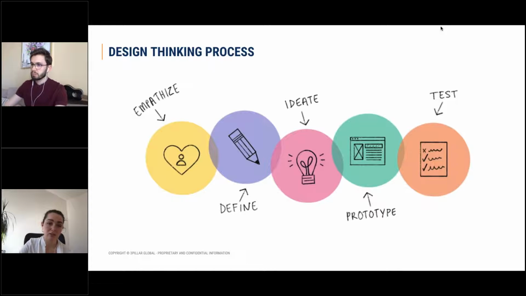The method, as you can see on the screen, consists of 5 phases: empathize, define, ideate, prototype, and then test. It's most useful when you want to tackle problems that are ill-defined or unknown. It's a non-linear process.